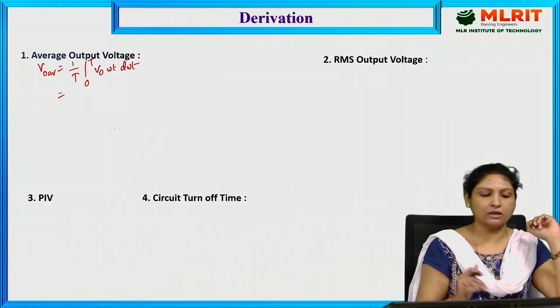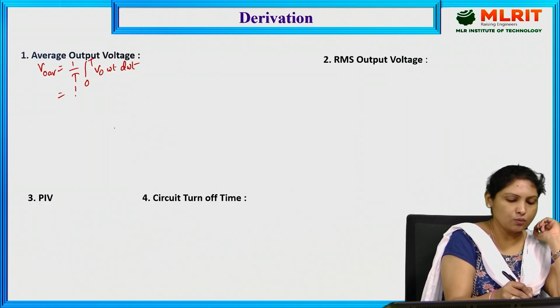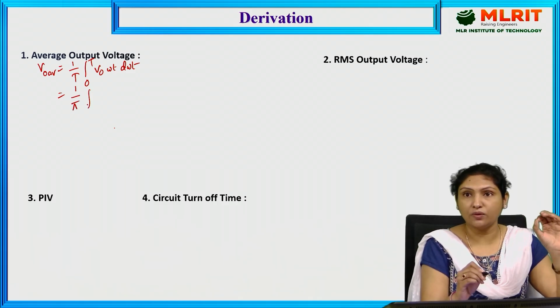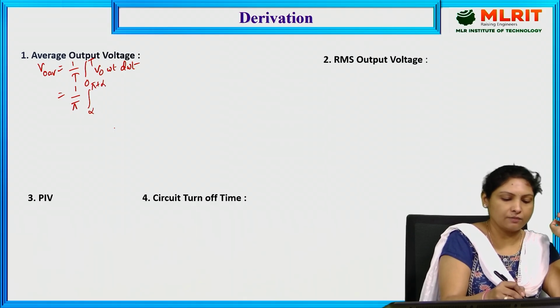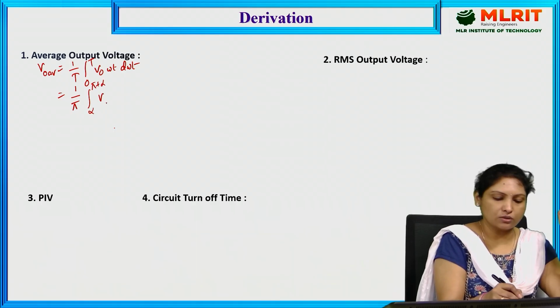So these will be our limits. It is 1 by pi, the total time period, and the limits are alpha to pi plus alpha, where the actual waveform is present, and V0 is equal to Vm sin omega t d omega t.